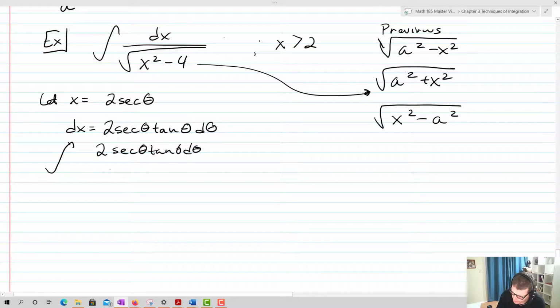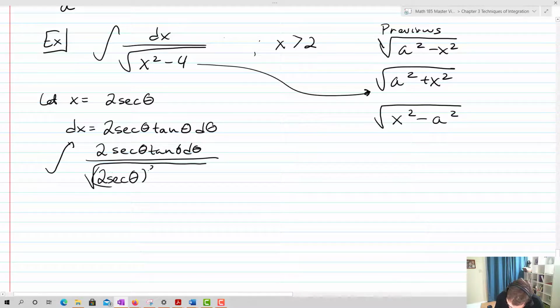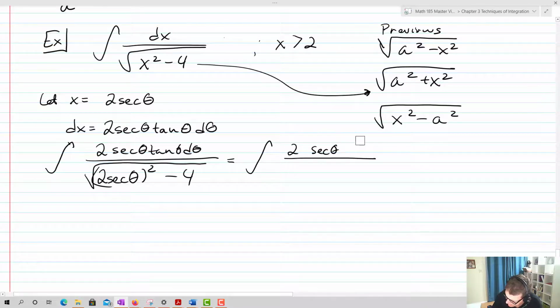Make sure that you do substitute for dx, divided by the square root of 2 secant theta squared minus 4. And this is then going to equal the integral of 2 secant theta tan theta d theta, divided by the square root of 4 secant squared theta minus 4.